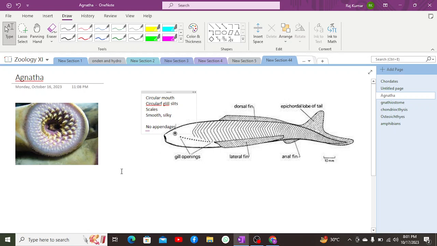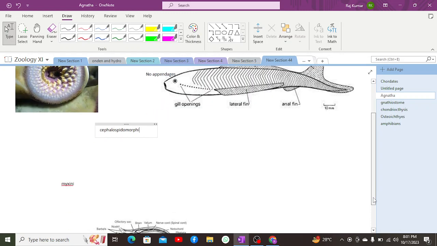Apart from this, we are having two major classes of superclass Agnatha, which include cephalaspidomorphi and myxini.